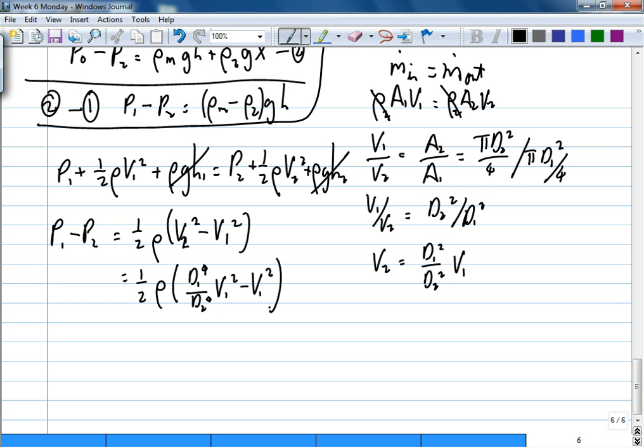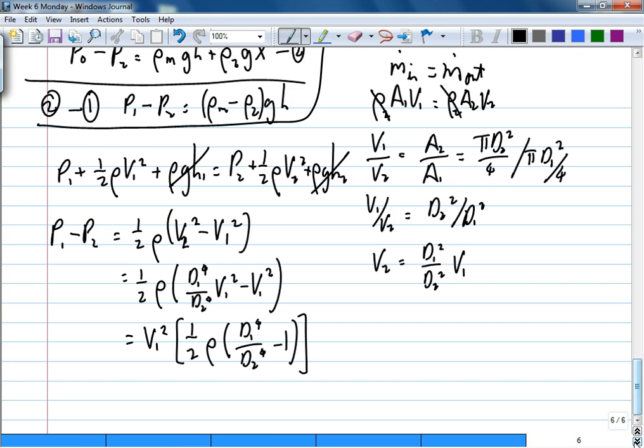Is that okay? So V2 squared, replace with the square of this thing here. Is that okay? Alright. So now rearrange, we get V1 squared equals half rho, D1 to the 4 over D2 to the 4 minus 1. Right?